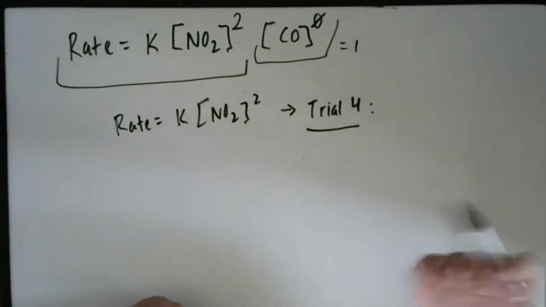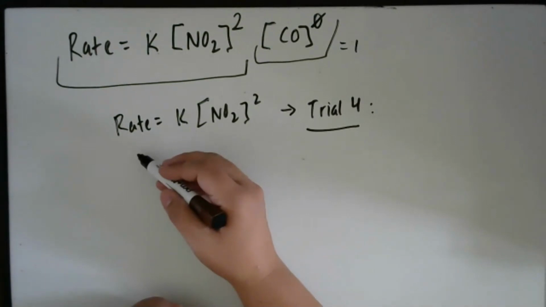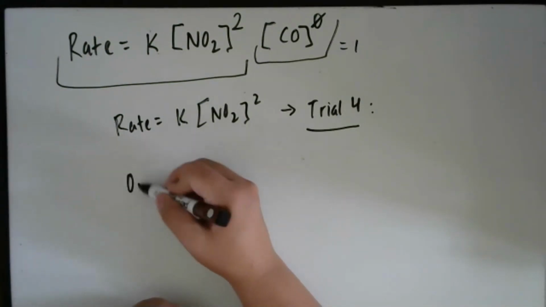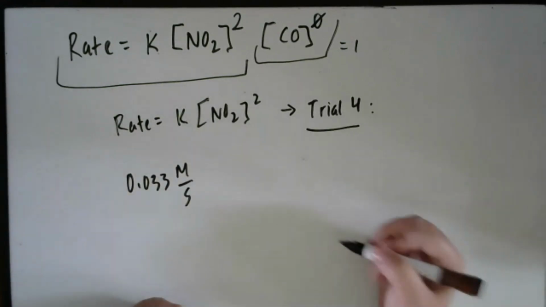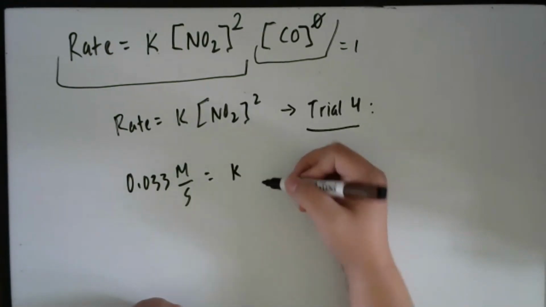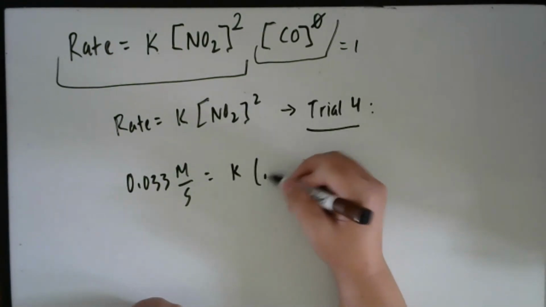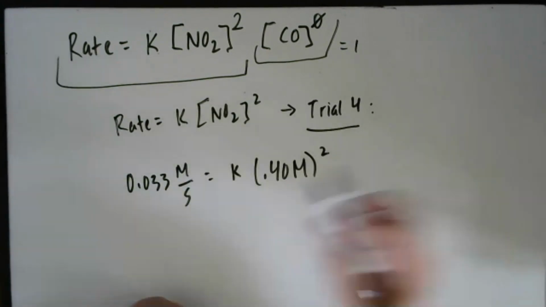But you can go back and try it with the other trials if you want to verify this for yourself. The rate for trial 4 is 0.033 molarity over seconds. That's going to be K times the concentration of NO2, which is 0.40 molar squared.